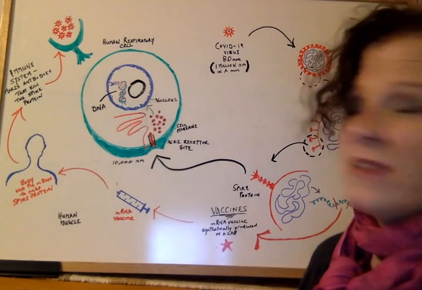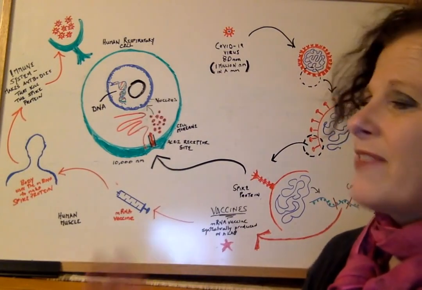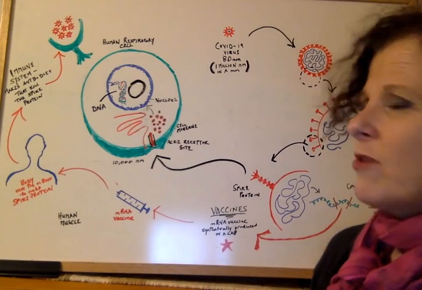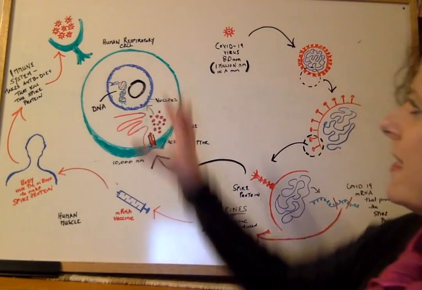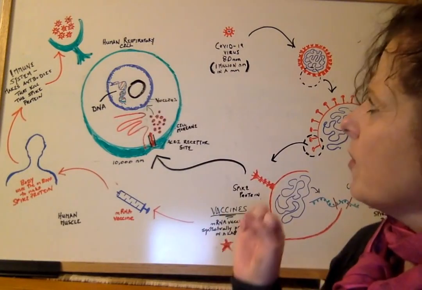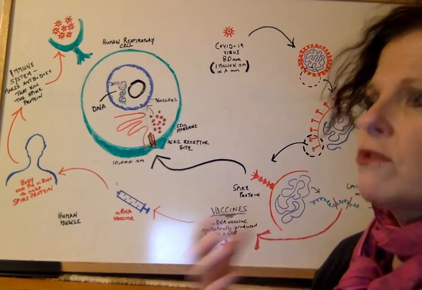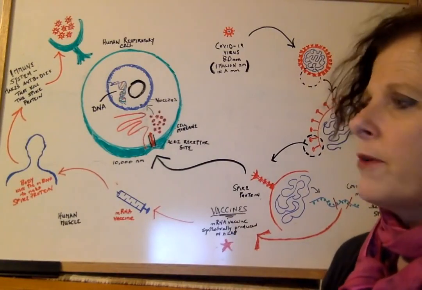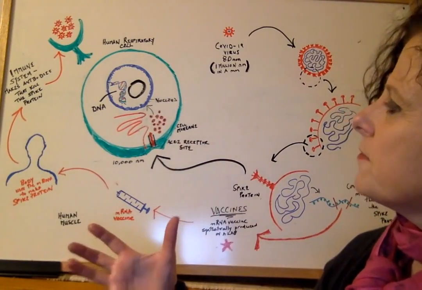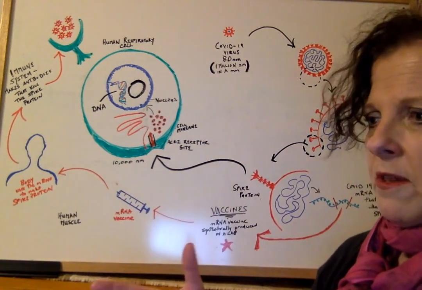So let's get started with some basic biology. This is fabulous stuff. Cell biology was one of my favorite courses at the University of Guelph many, many moons ago. This is a human cell, and our bodies contain trillions and trillions of cells. Our body is essentially made up of cells and water. And the cells differ from part of the body to part of the body.